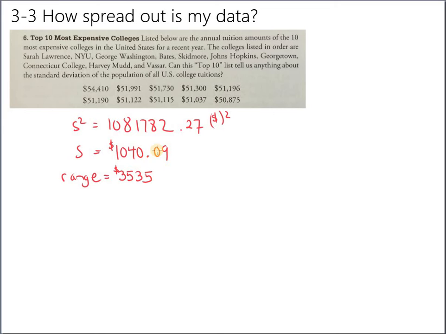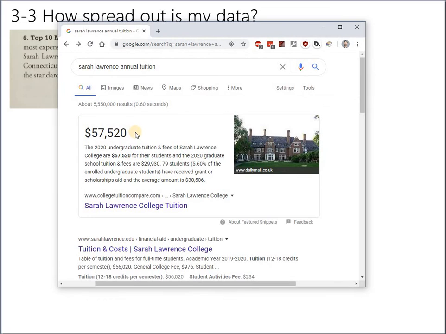There's actually not a huge amount of standard deviation here in the costs of tuition for the top 10 colleges, $1,000. And I checked Sarah Lawrence, which is this top one, this 54,410, and it hasn't gone up a whole lot since our book was published.